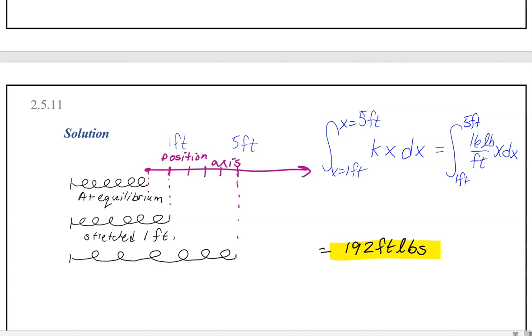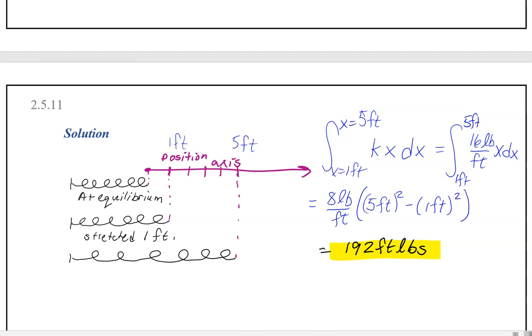When we integrate, we get x squared over 2. The divided by 2 reduces our value to give us 8 pounds per foot. Then we have to multiply by the square of the limits of integration: 5 feet, quantity squared, minus 1 foot, quantity squared.